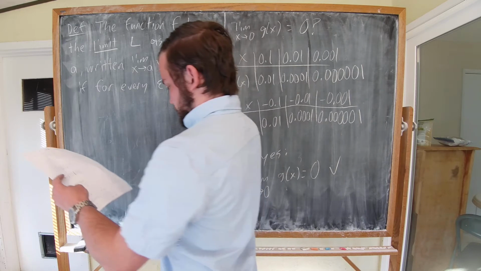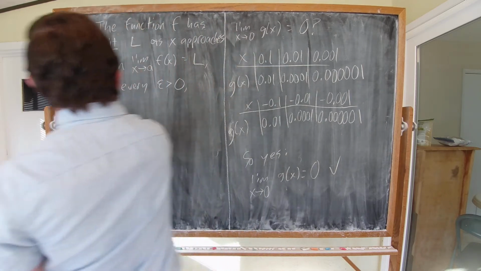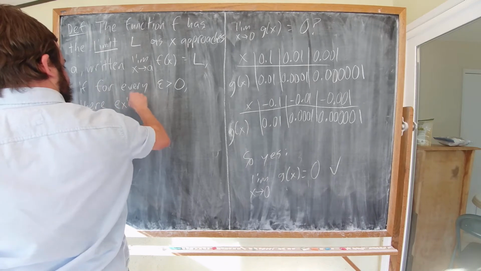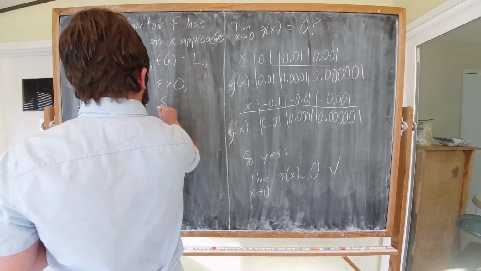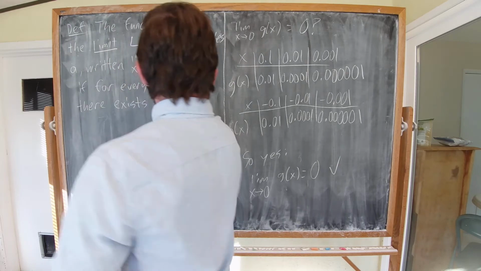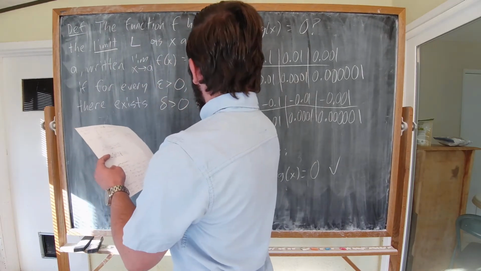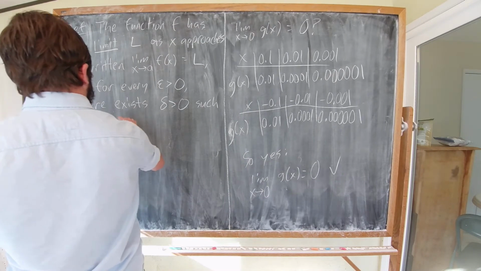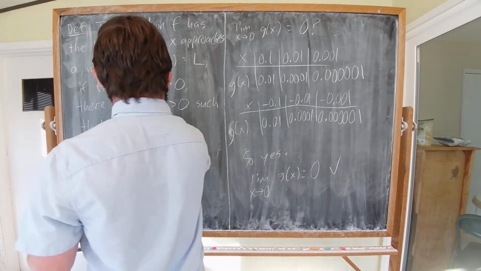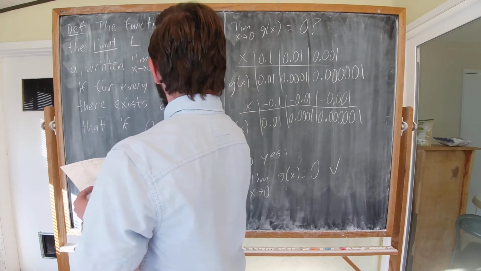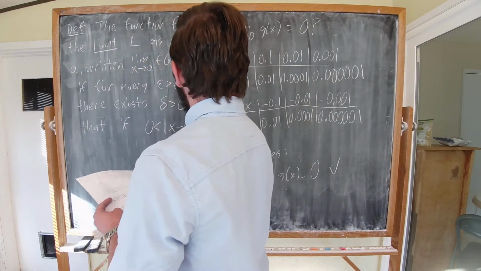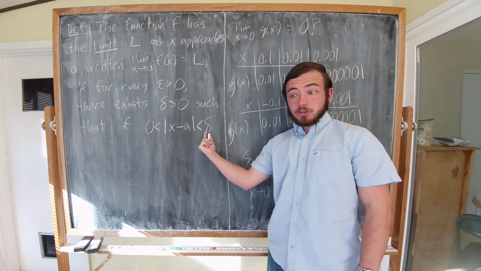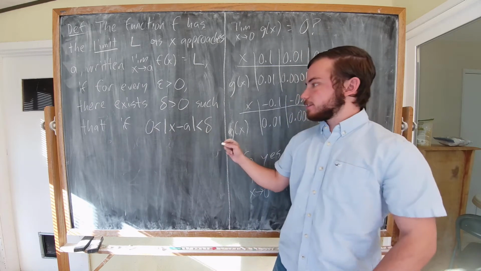If for every epsilon greater than 0, there exists another small number, delta, greater than 0, such that if 0 is less than the absolute value of x minus a less than delta, so if x is not a, but it's closer to a than delta, right?